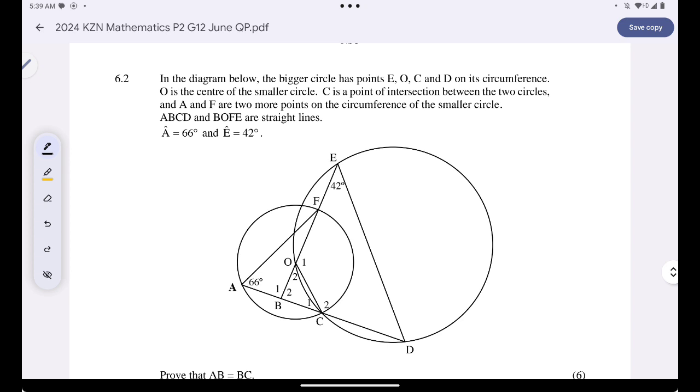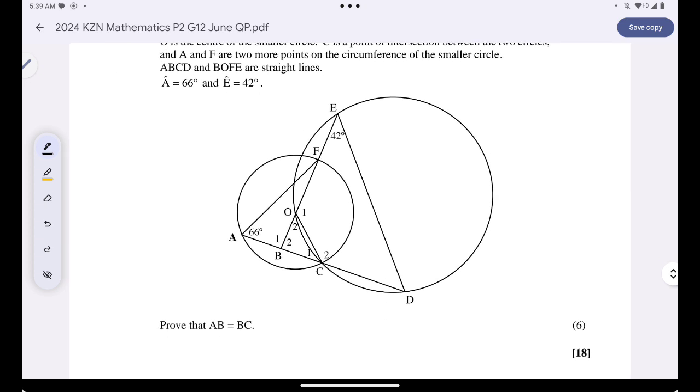Whenever you're told that a circle has a center, there are two theorems that should click in our mind. The first theorem says the angle at center is 2 times the angle at circumference. The second theorem is that the line drawn from the center should be perpendicular to the chord.